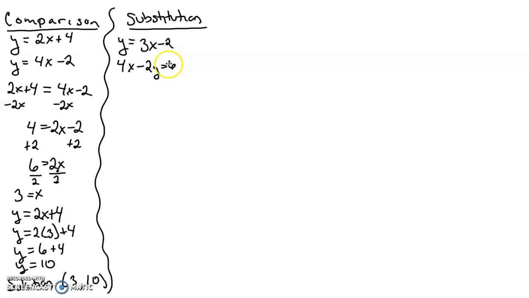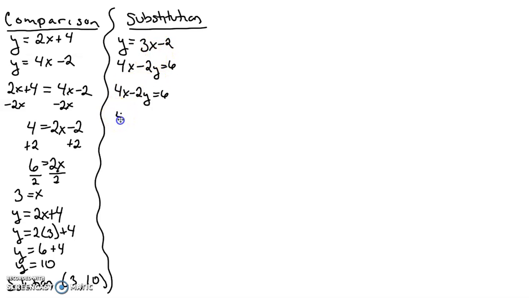So if we start with our second equation, 4x minus 2y equals 6, we can replace this y with the value 3x minus 2, because y is the same thing as 3x minus 2. So I'm going to rewrite everything in this equation exactly as it is, but instead of y, I'll write 3x minus 2.